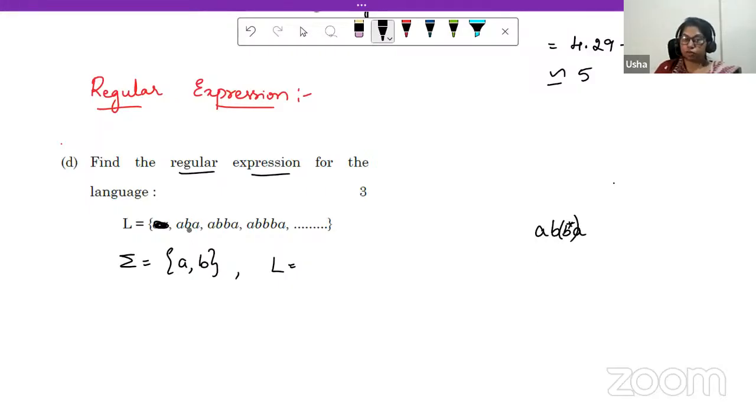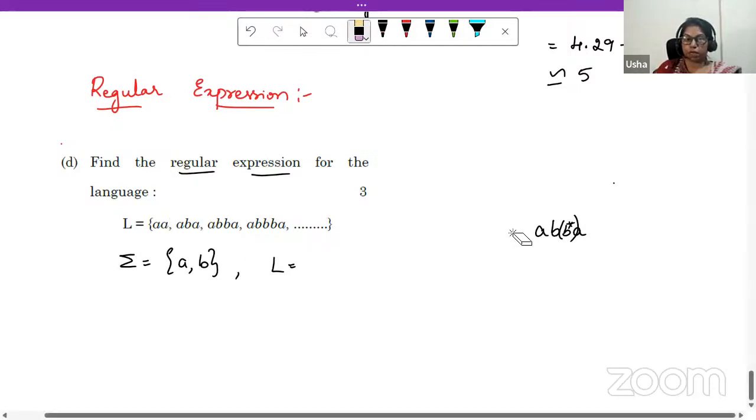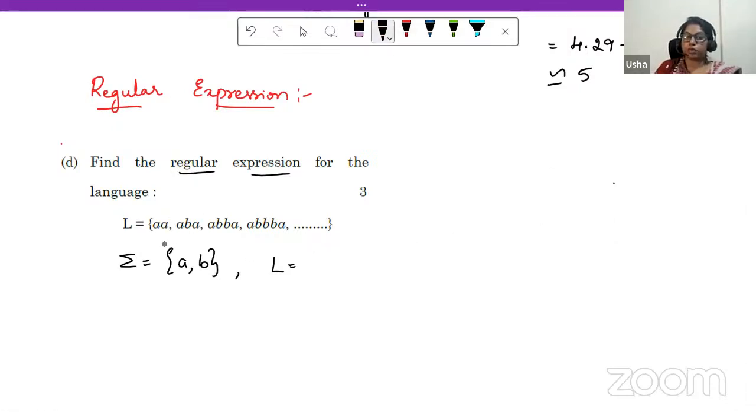So that is if your first word itself starts from ABA. But here the first word is A. So minimum requirement is A. In between any number of B's can be there. So here it is A, B star, A. That's all. Okay. This is a regular expression for this language. Understood?